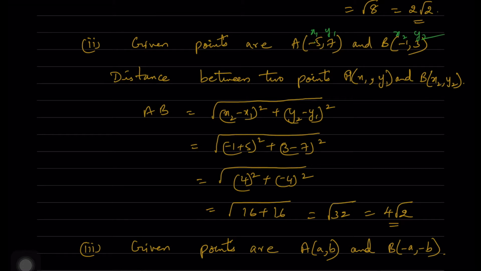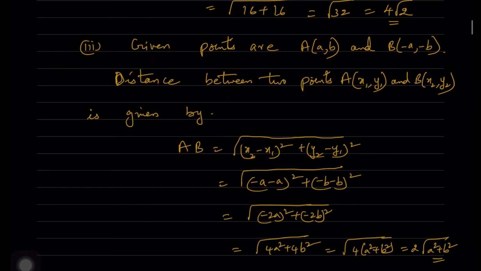So I have written it as (minus 1 plus 5) whole square plus (3 minus 7) whole square, that is 4 square plus (minus 4) whole square, which is equal to under root of 16 plus 16, which is root 32. Root 32 can be written as root 16 into root 2, that is 4 root 2.